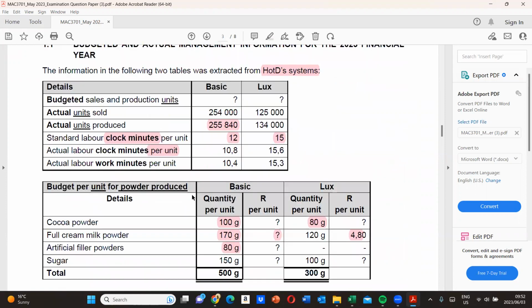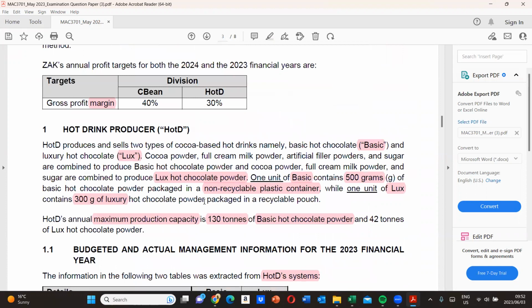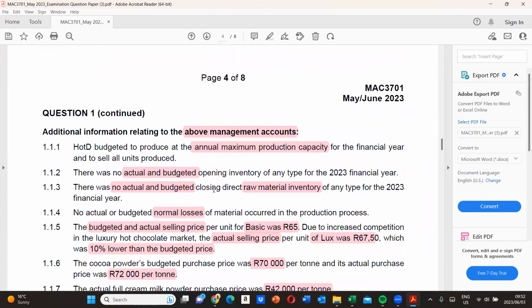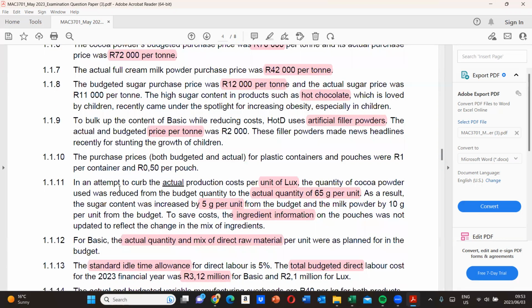What goes into pouches and what doesn't? Let's quickly see if our products go into the pouches. Plastic containers and pouches were R1.50. So in this case, what do we package in pouches and what do we package in containers?